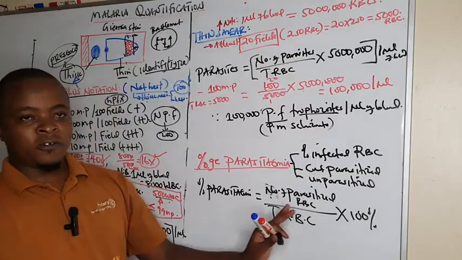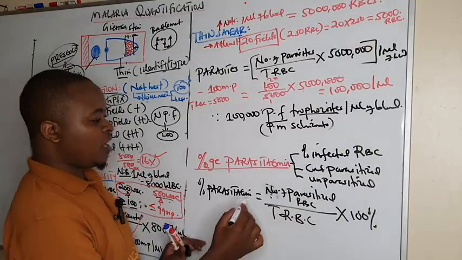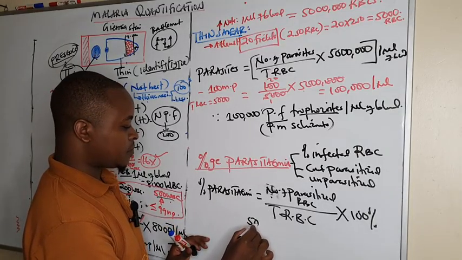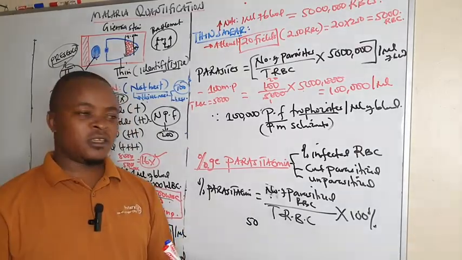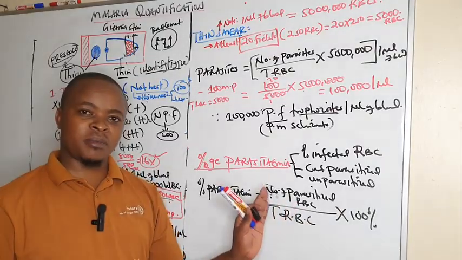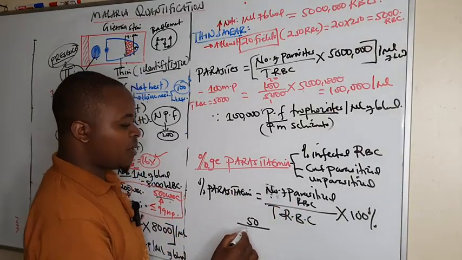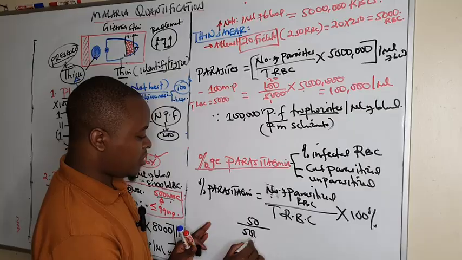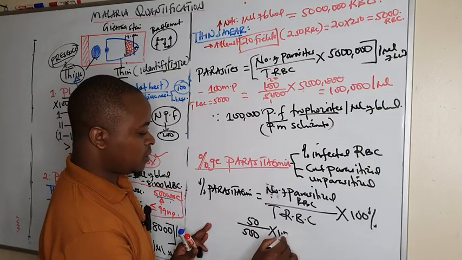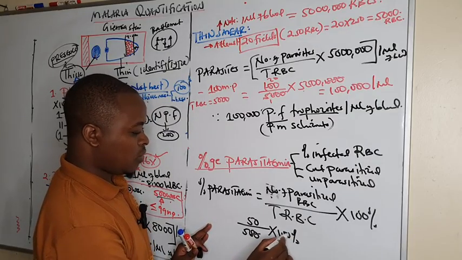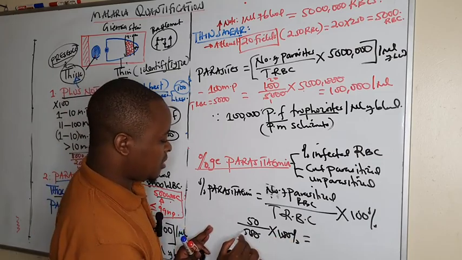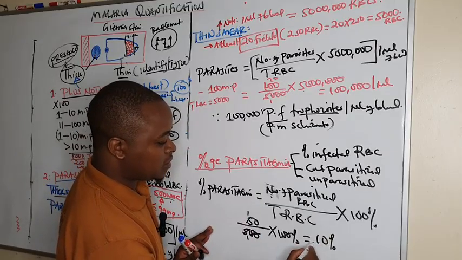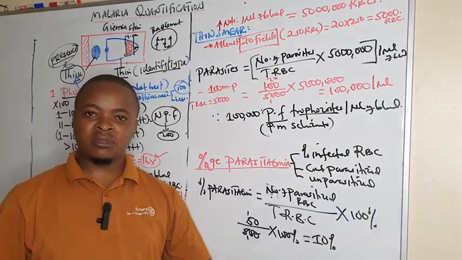So, for example, if I have counted 50 RBCs with the malaria parasite, and the total number of RBCs counted is 500, then I multiply by 100%. This one goes with this, and we get 10% of the infected RBCs.